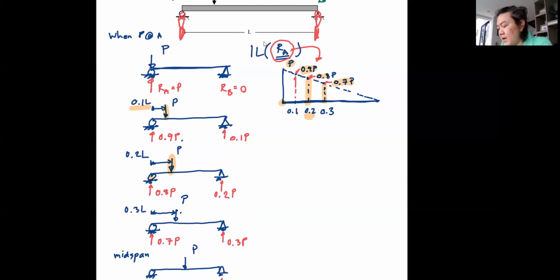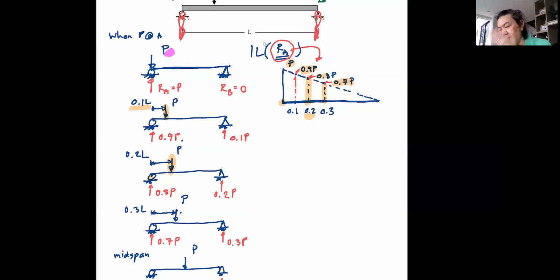When you have the load acting anywhere on the beam, you can use the influence line to obtain the magnitude of the reaction right away. Now, one more thing: when we create the influence line, we don't create it by using the load P like this, it's sort of troublesome. We would create it with the magnitude of the load equal to 1.